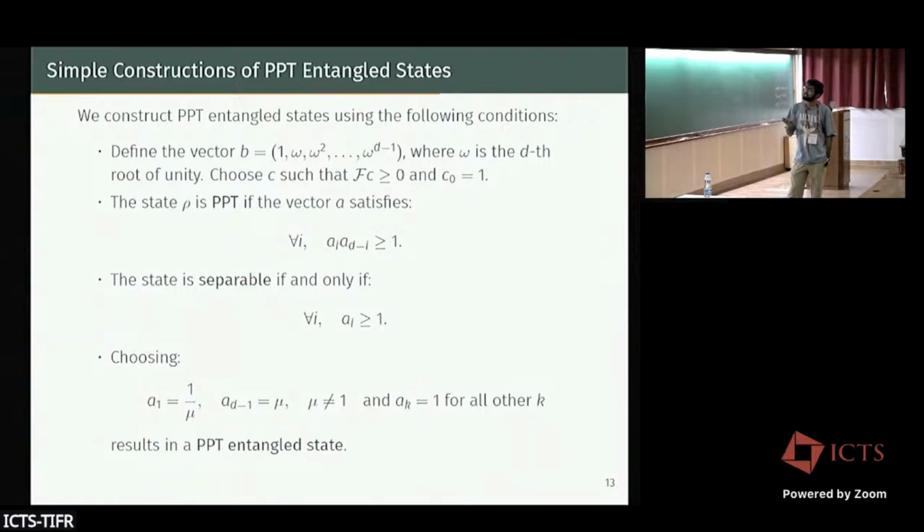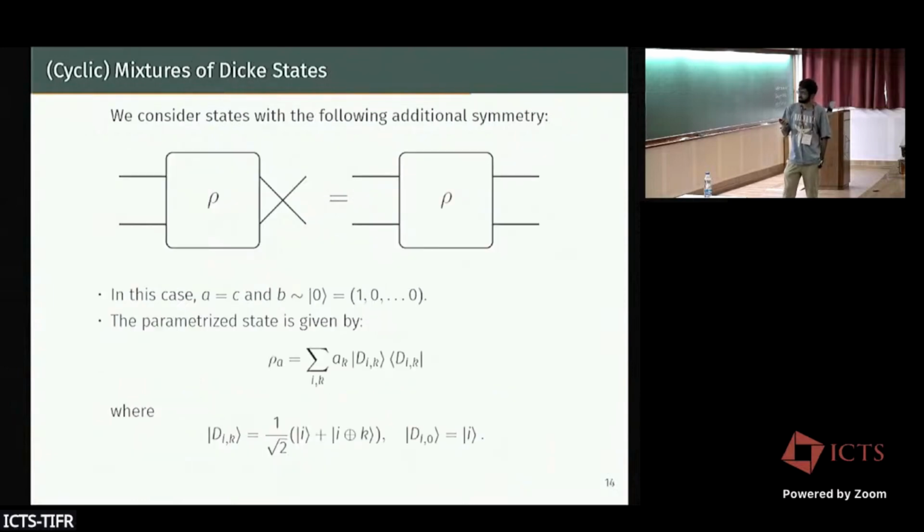So it's easy to see how to construct a PPT entangled state using these two conditions, by choosing A_1 to be 1/mu and A_{d-1} to be mu not equal to 1, and selecting A_k accordingly. This gives an easy construction of PPT entangled states.